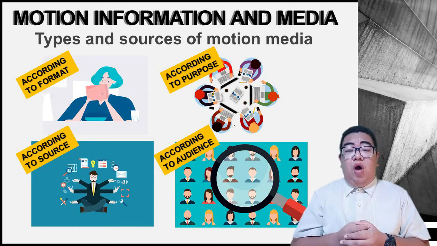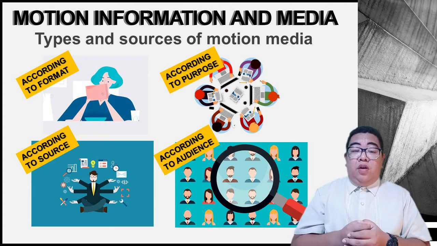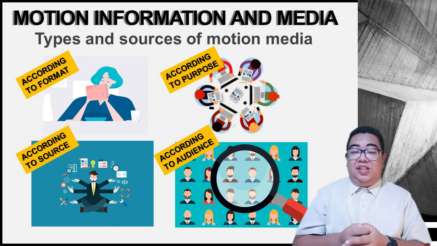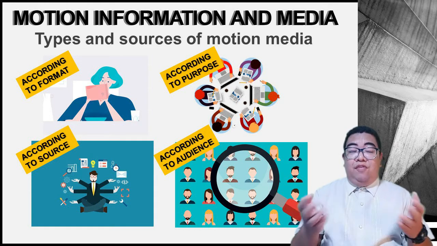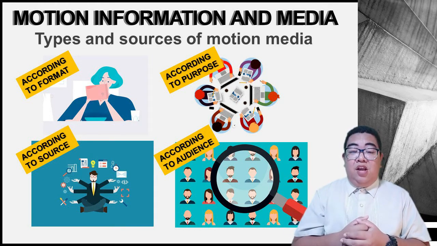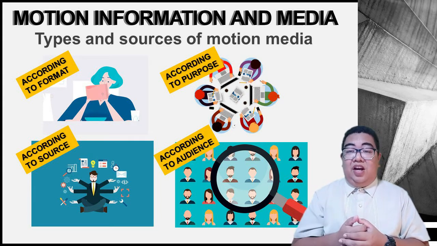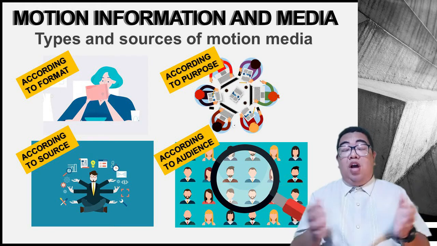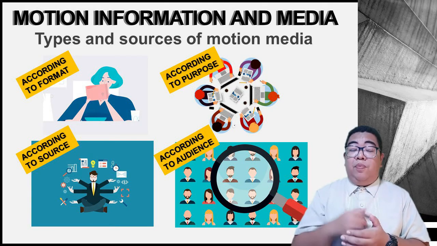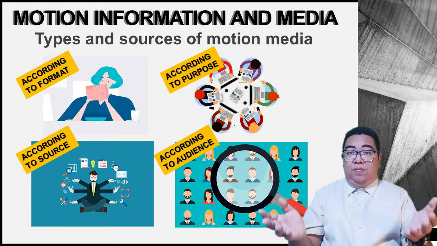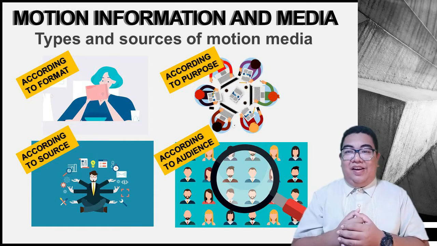According to purpose, education, entertainment, and advertising are included. According to sources, personal, social media, and media companies are included. According to audience, private or public, it could be directed or general.